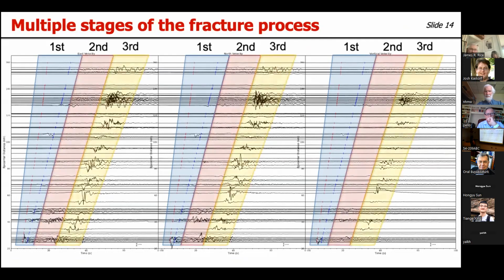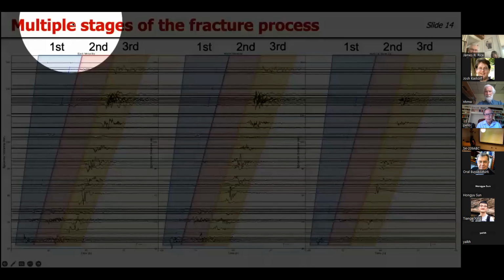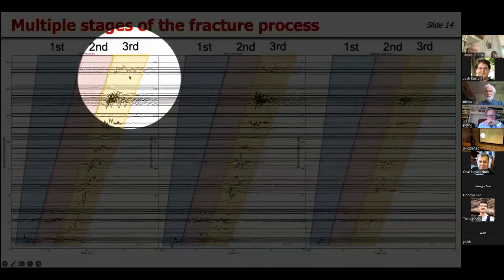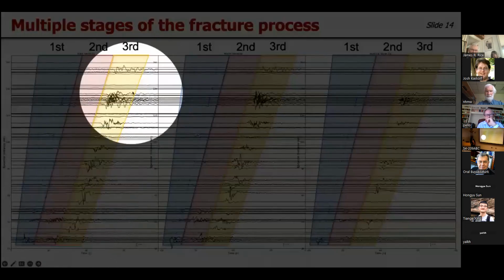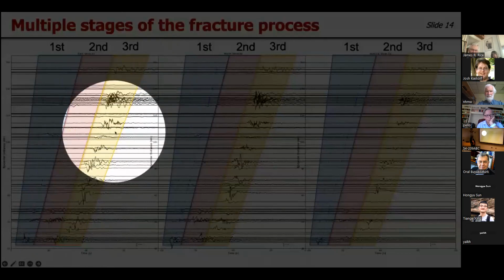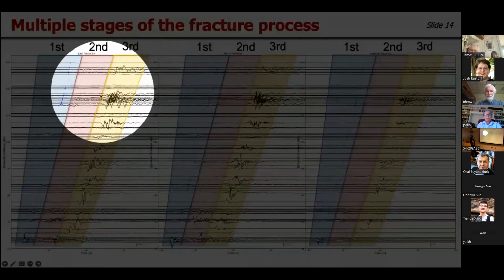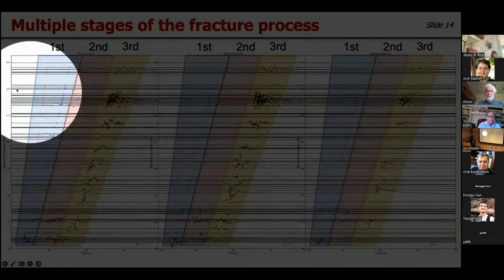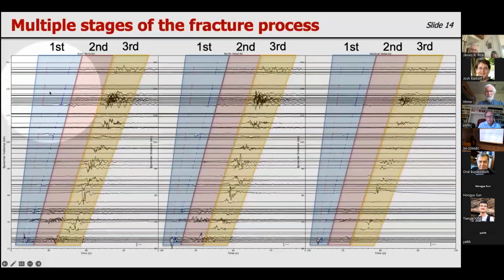By roughly looking at the raw data, we can find three stages of fracture rupture. The first stage is from here, then the second stage, and the third one. The third one has really high accelerations, even at stations with epicenter distance over 100 kilometers.